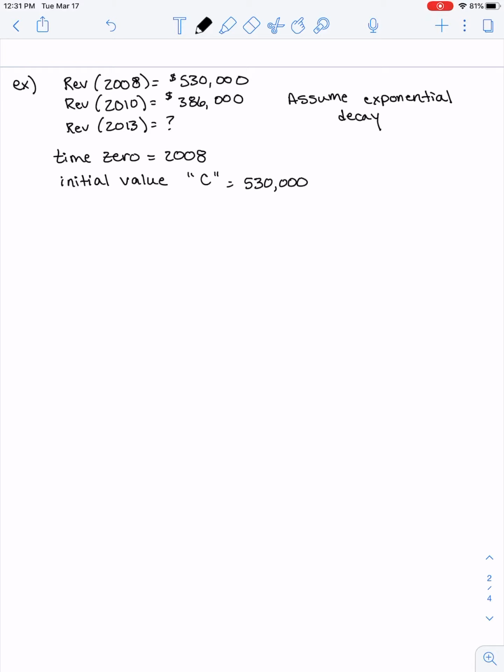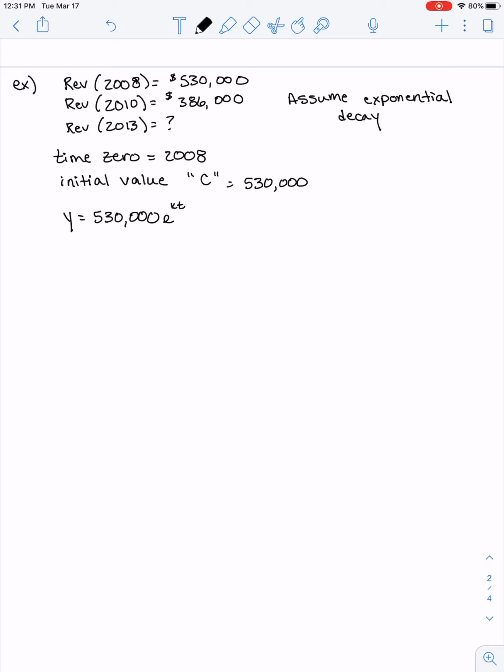So now if we plug this into our model, we would say, okay, y is equal to 530,000 e to the kt. So that was step 1, finding what C is.